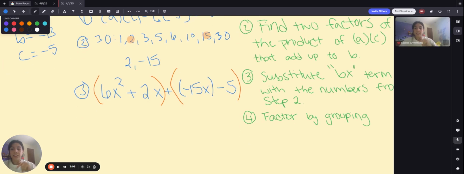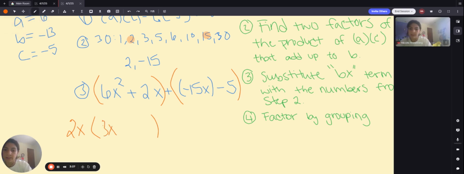Looking at just 6x squared plus 2x, it looks like we can factor out 2x. So we're going to factor out 2x and then think backwards using the distributive property. Well, 2x times what will give us 6x squared? That's 3x. And then a number times 2x should give us 2x. That'll be 1.